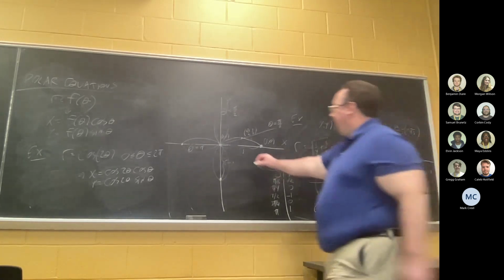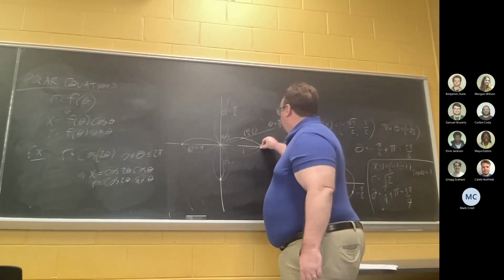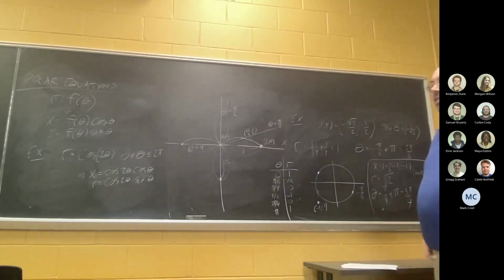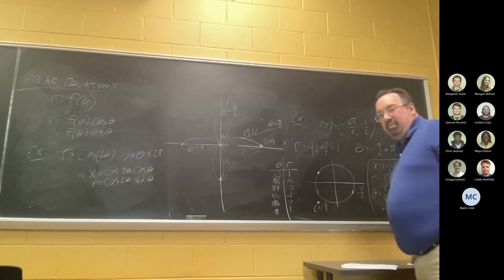Oh, wait, I need to finish it. What do they call it? Rose curves, there's a specific term. The term comes to mind, but I'm not sure if it's right, so I'm gonna look it up real quick. So I'm cheating here.